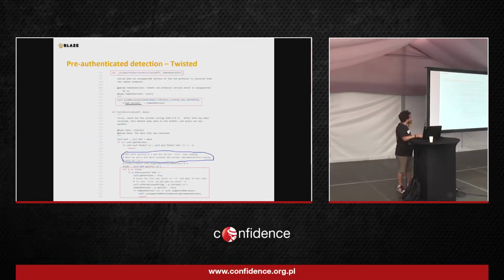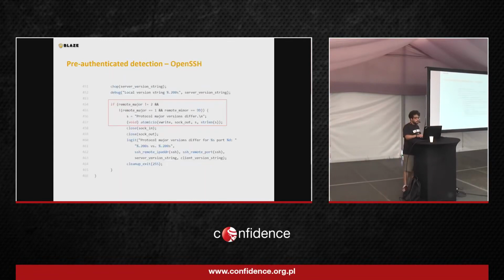So here's some code. I think it's very bad to read, I'm sorry, but you'll be able to see this in the slides. If you see here, in this blue thing that I circled, it even says RFC section asks for strict carriage return line feed, we are more relaxed. So it's not even super compliant with the RFC. These are also differences you can use to tell OpenSSH apart from these honeypots.